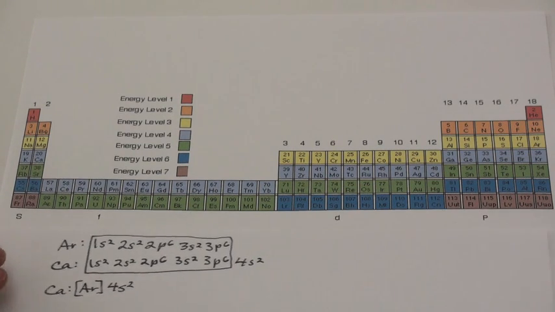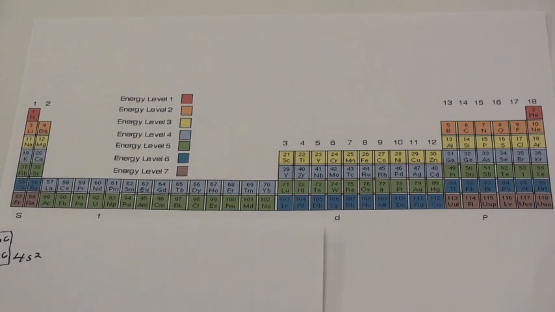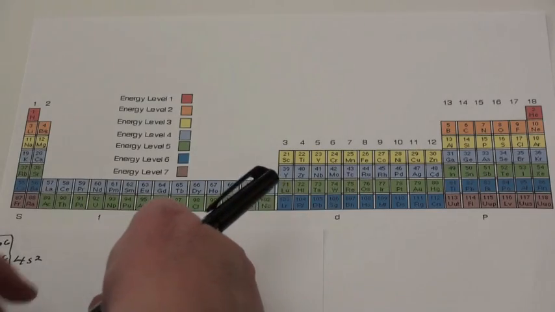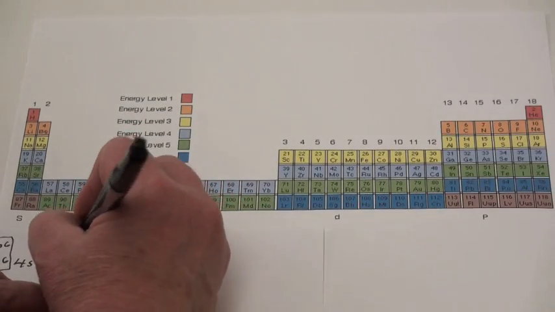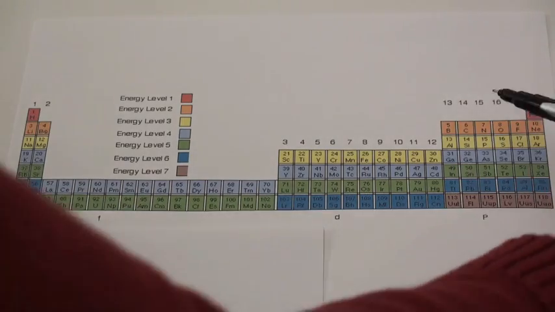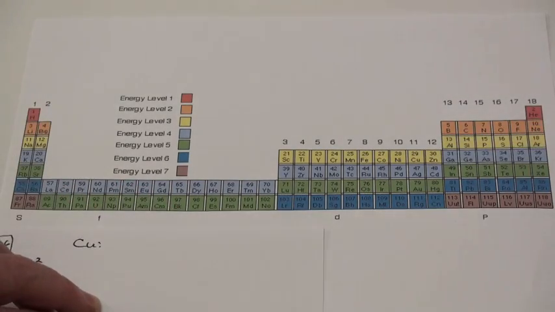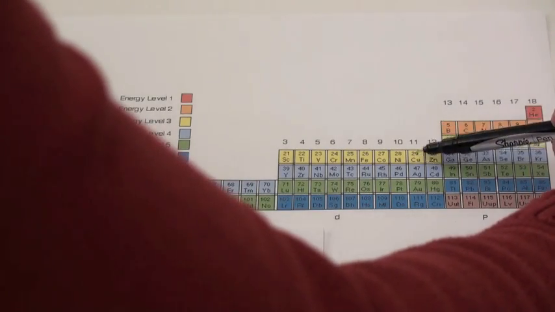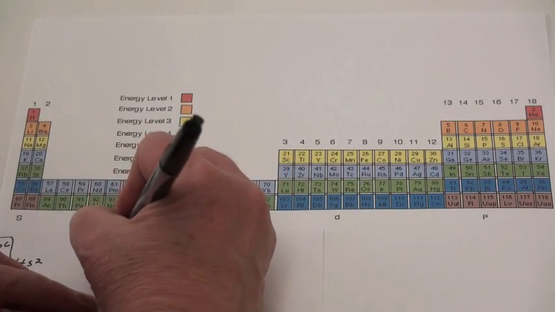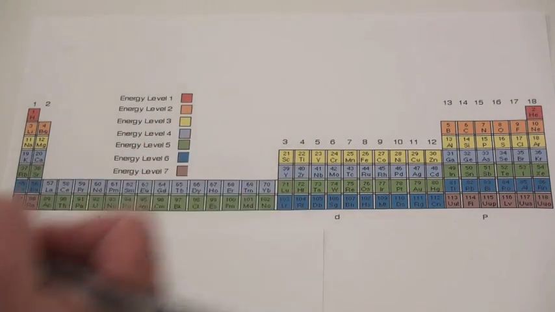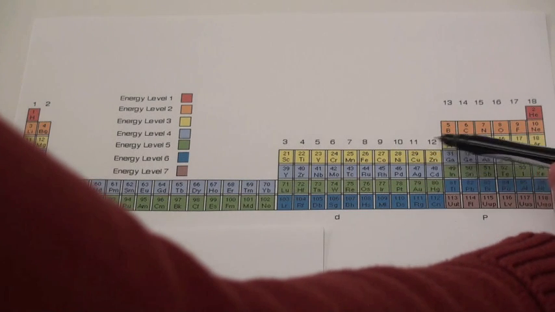Let me do another example. Let's say that we want to do copper. So copper is right there. What you do is you want the nearest noble gas that's smaller. To find that, you go up one and all the way over. So for copper, the nearest noble gas that's smaller is argon, because we went up one and all the way there.